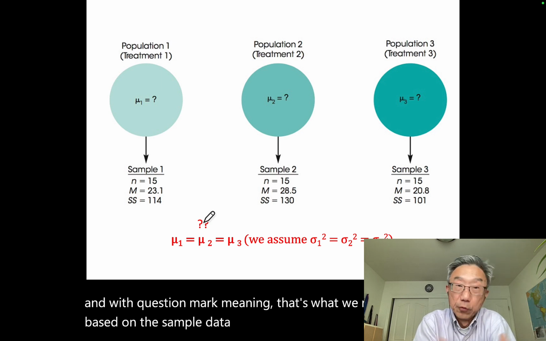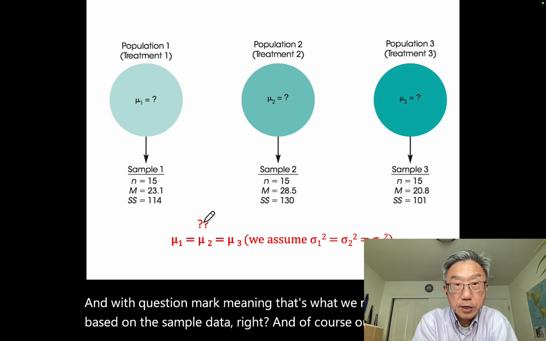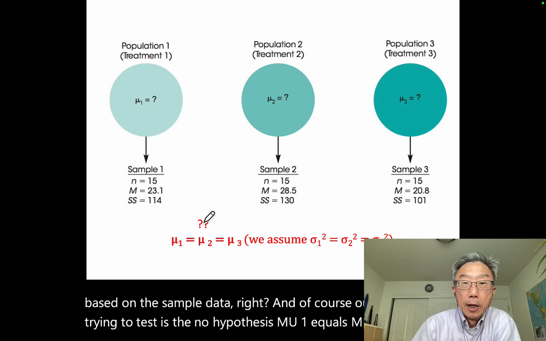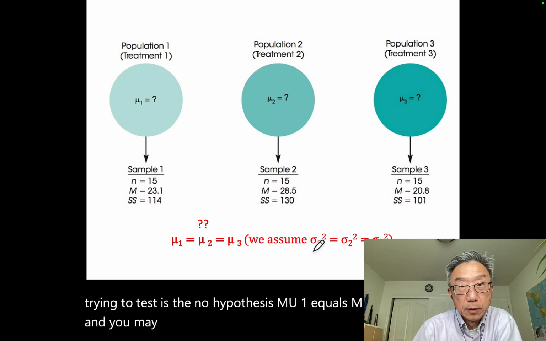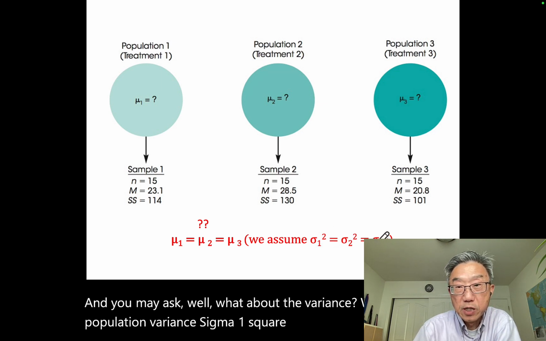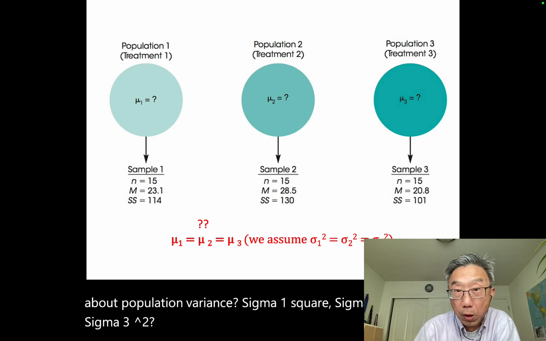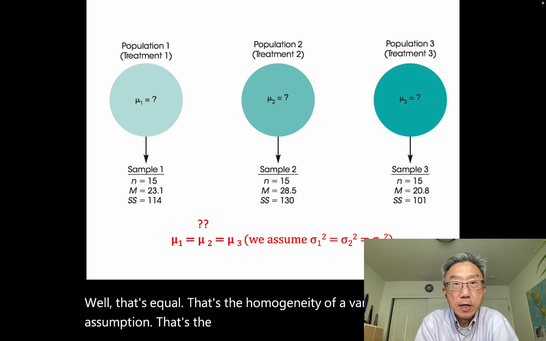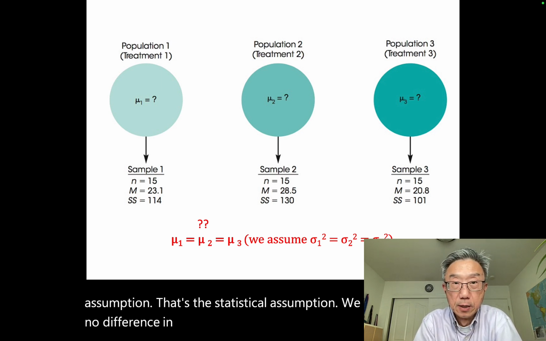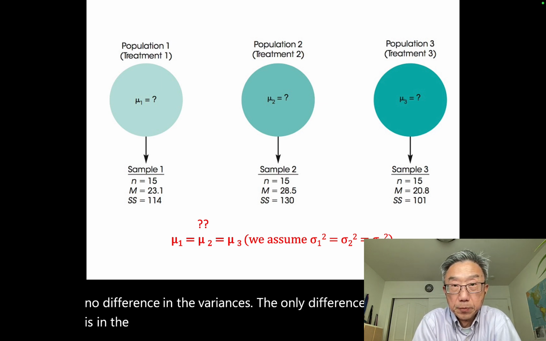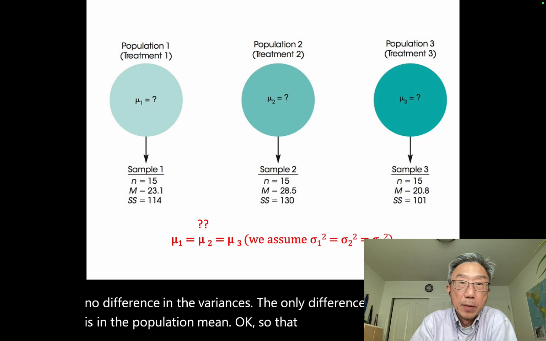And you may ask, what about the population variances, sigma 1 squared, sigma 2 squared, sigma 3 squared? Well, those are equal. That's the homogeneity of variance assumption. We assume there's no difference in the variances. The only difference, if there's any, is in the population mean. Okay, so this is the basic situation.